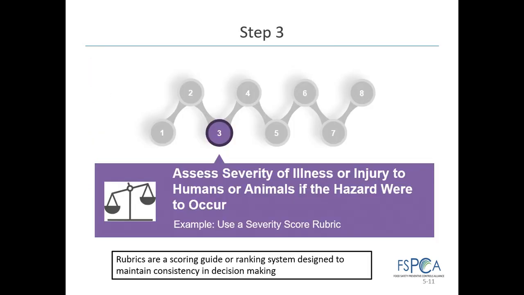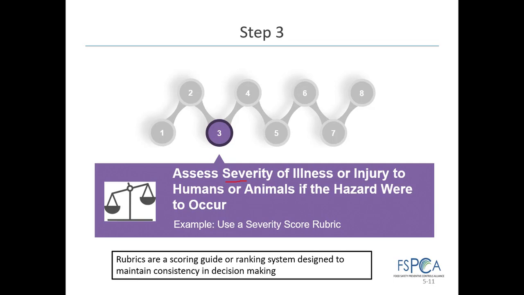All right, so once we've figured out what's known or reasonably foreseeable within our facility, now we need to do the assessment pieces. The first evaluation piece is severity. So we ask ourselves, how sick is this animal going to get? Or is it going to cause illness in humans?